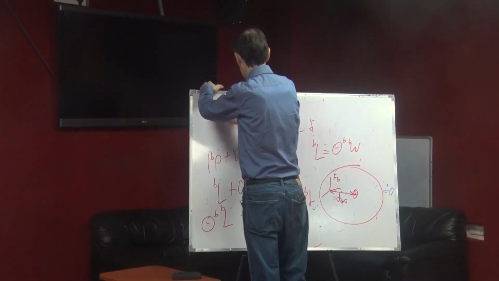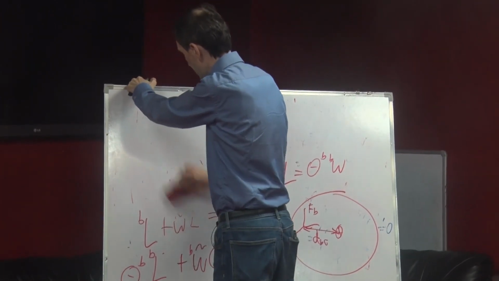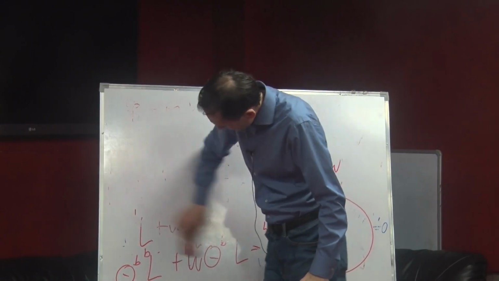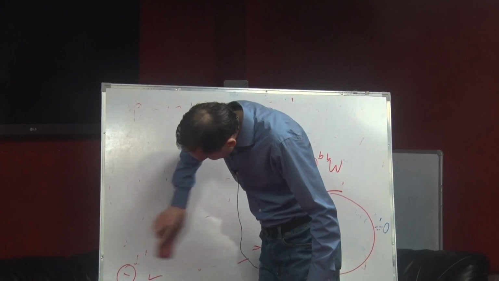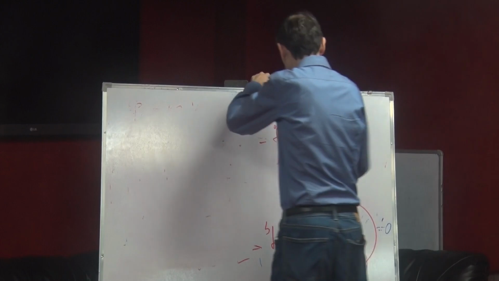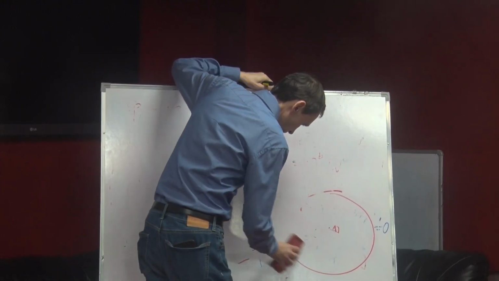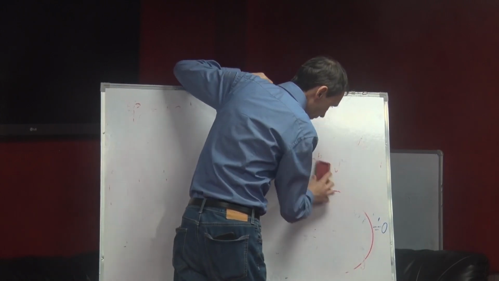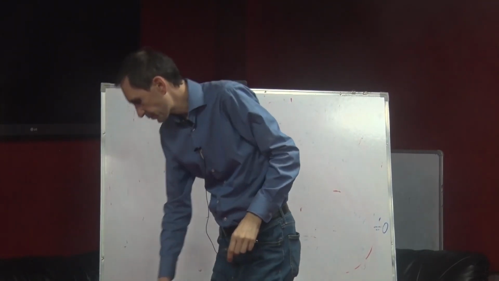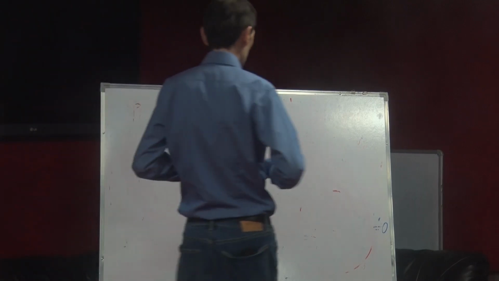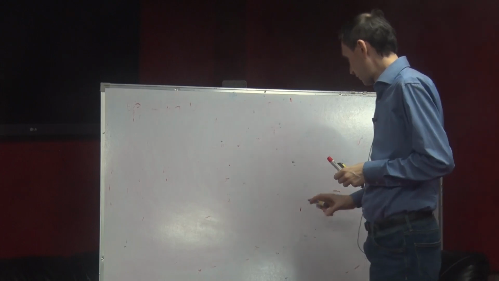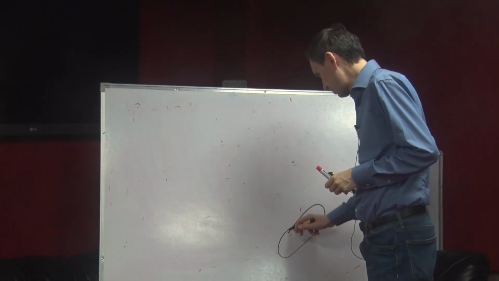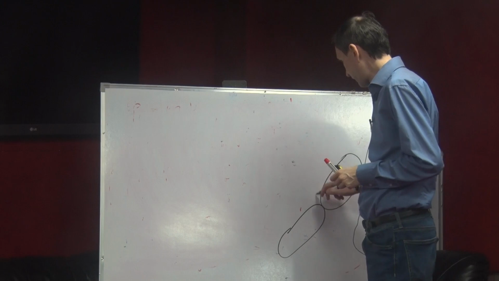Because when you have a system of rigid bodies that are geometrically connected, let's say we have our bodies, let's say we have two, and they are connected by some joint.